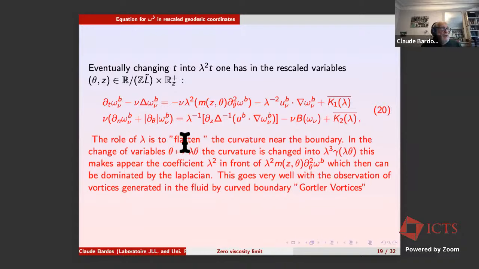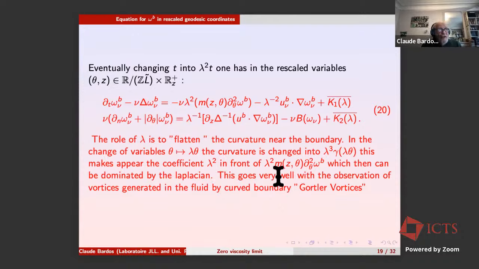And I put in red the thing I discussed today, which is that the role of lambda is to flatten the curvature near the boundary. In the change of variable lambda theta, the curvature is changed into lambda cube gamma of lambda theta. This makes appear a coefficient lambda square in front of lambda square of m at theta, second derivative of omega, which can be dominated by the Laplacian.